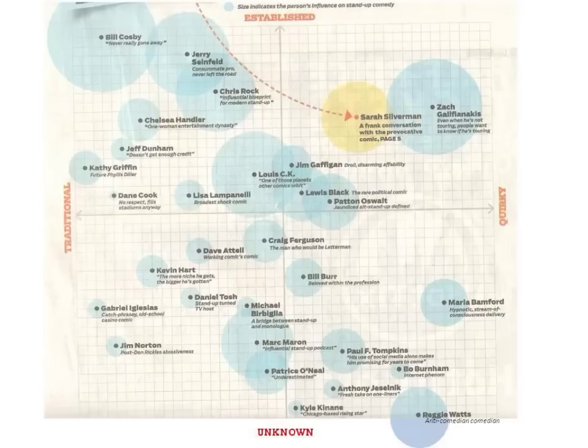Now, there's something else important you should note about this map. This actually operates in 3 dimensions, not just 2. The size of the circle indicates the perceived influence of that particular comedian on the stand-up comedy industry. So you'll see in the upper left-hand corner, Bill Cosby's circle is huge.